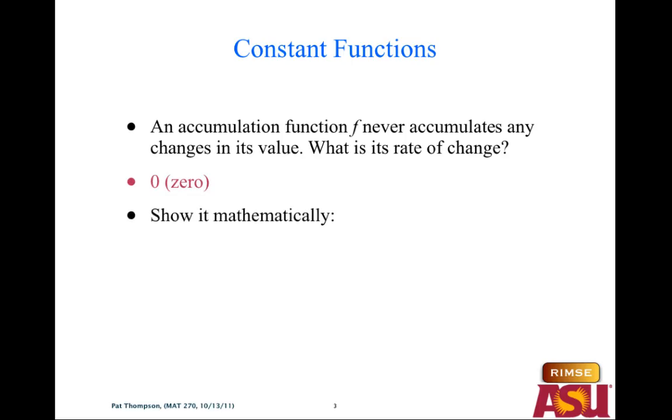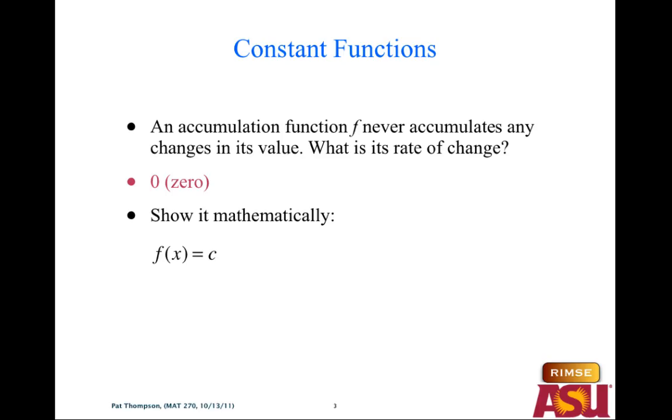So let's show it mathematically. If we want the rate of change of f, for f a constant, so we have f of x is a constant, and now we want the rate of change of f. How can we mathematically figure out what the rate of change of f is? This is what we've been working on the last week. We've got a function f. What is its rate of change?